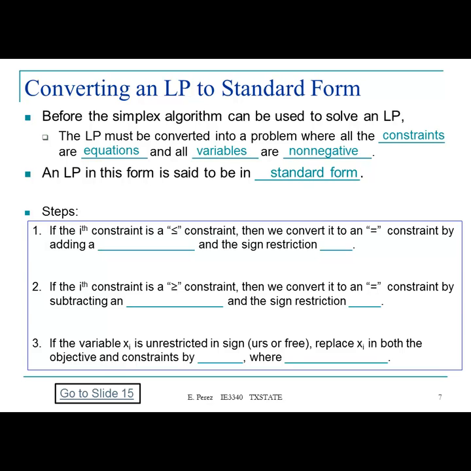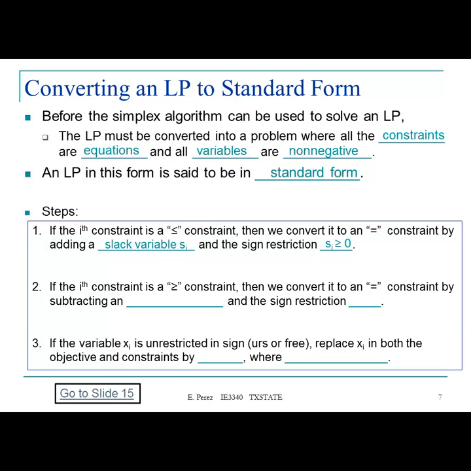For example, if you have a constraint with a less than or equal sign and you want to convert that to an equation, you will have to add a slack variable. I'm going to use S as my notation to denote a slack variable, and the sign restriction is S_i greater or equal to 0.